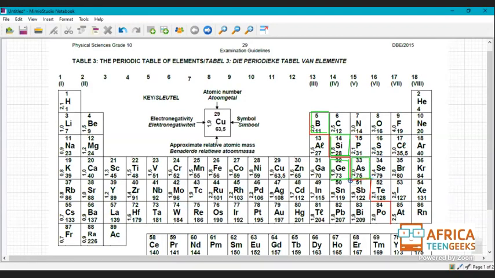And then the ones we never ever use: Sb, Te, and Po, polonium. All right. So those.